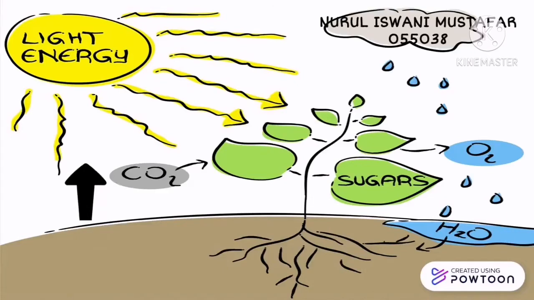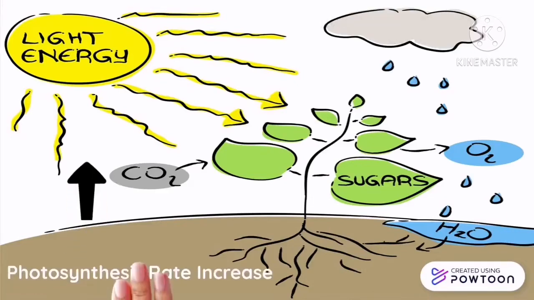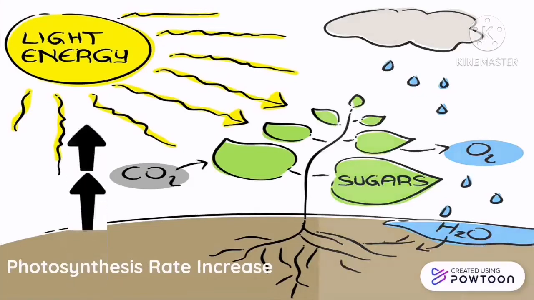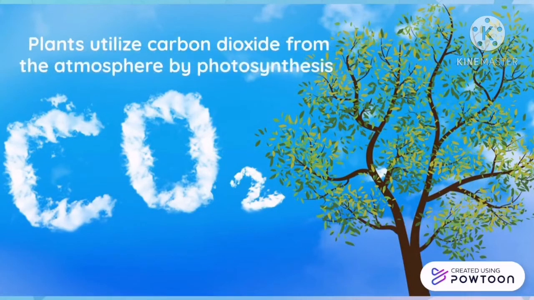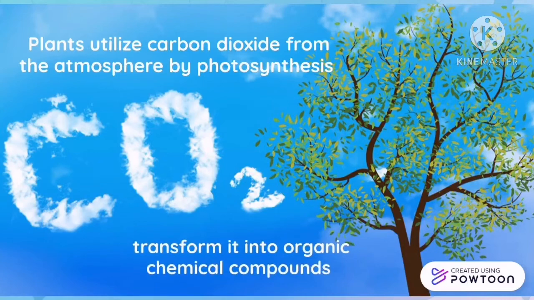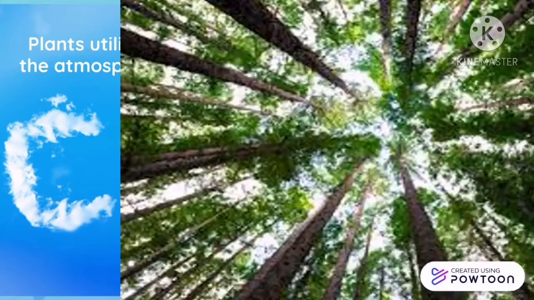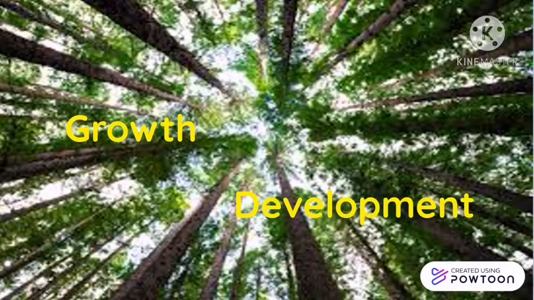The rising of carbon dioxide concentration in the atmosphere will increase the photosynthesis rate. Plants utilize carbon dioxide from the atmosphere by photosynthesis to transform it into organic chemical compounds which are needed for growth and development.